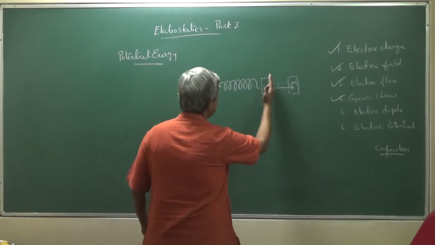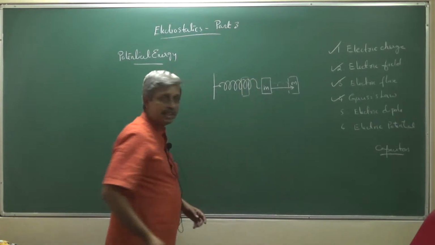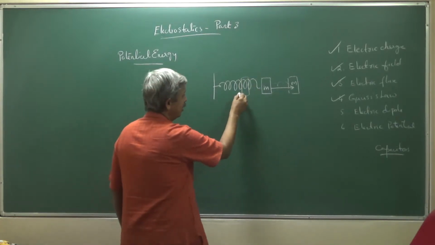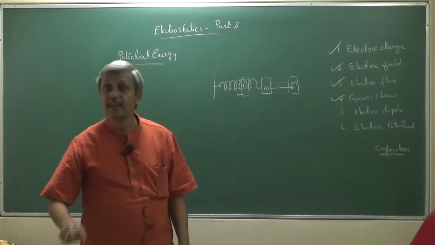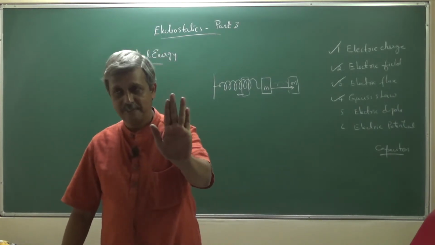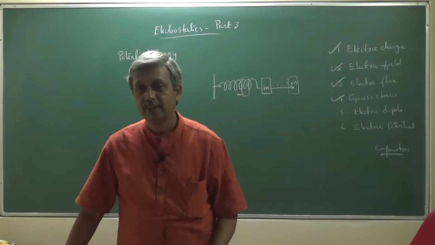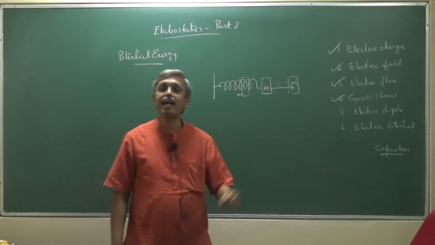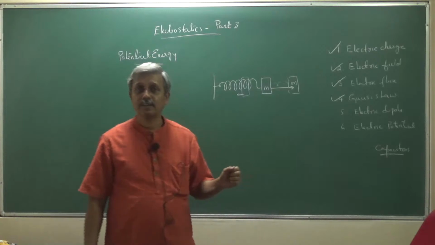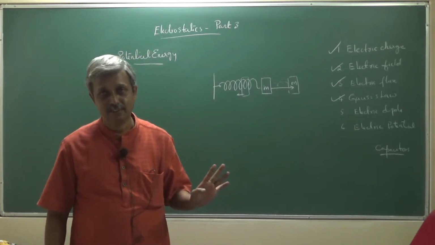Now, if you push it to this side, even then it would have potential. Why? Because if you push it and keep it like this, if you leave it, it will start moving. If it starts moving, that means it has potential. Okay, that is the way to understand whether potential energy is there or not.